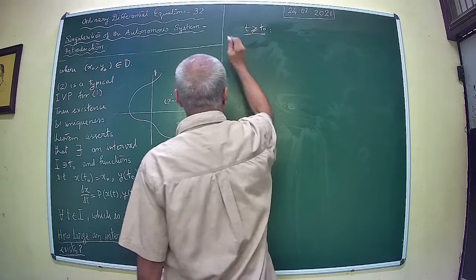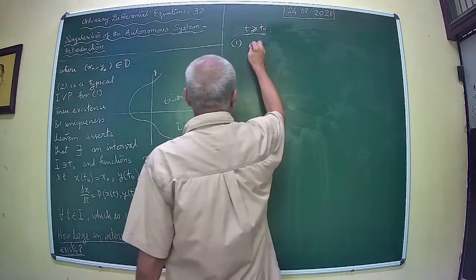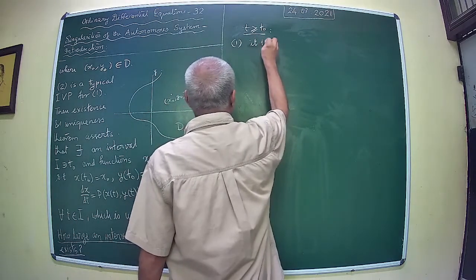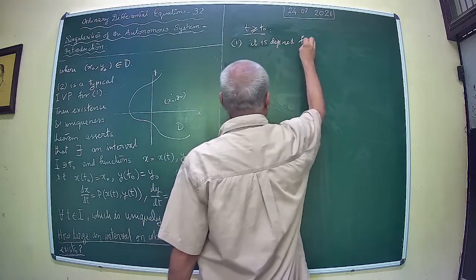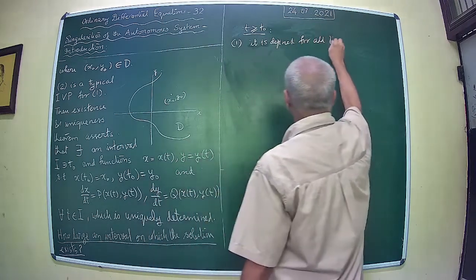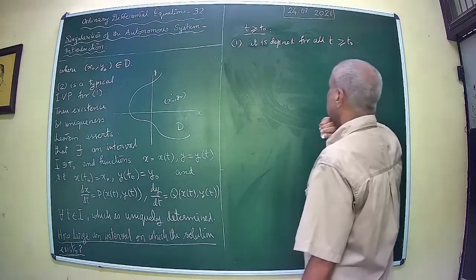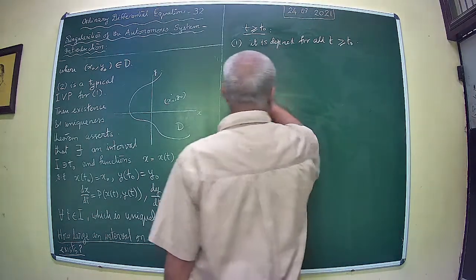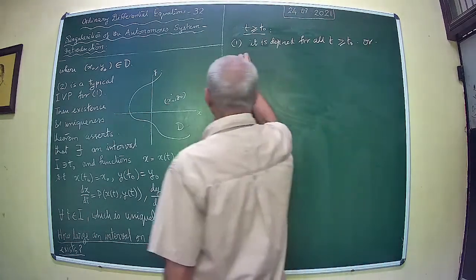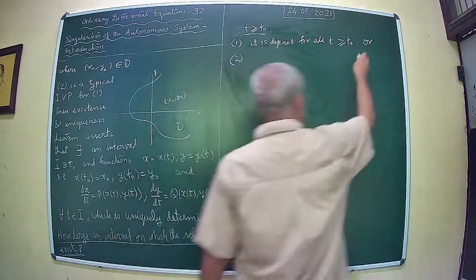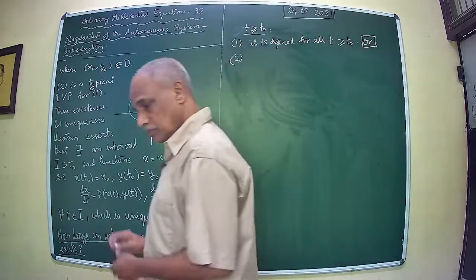The first statement that we make is that it is defined for all t greater than or equal to t naught. Okay, or two, the possibility is this. This is not always true.